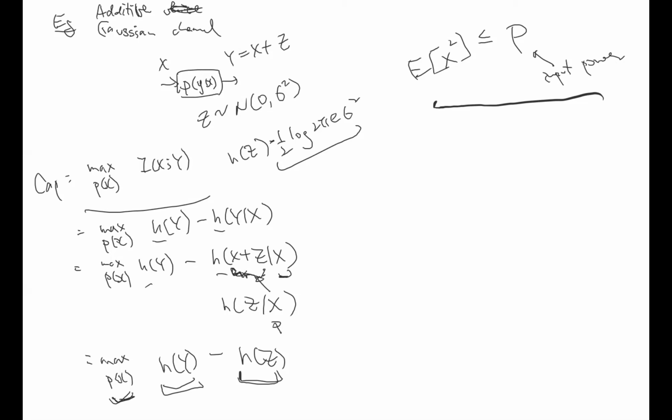If the variance of Y is given by sigma Y squared, what was the maximum H(Y)? Do you remember? What's the maximum H(Y) when the variance of Y is sigma Y squared?